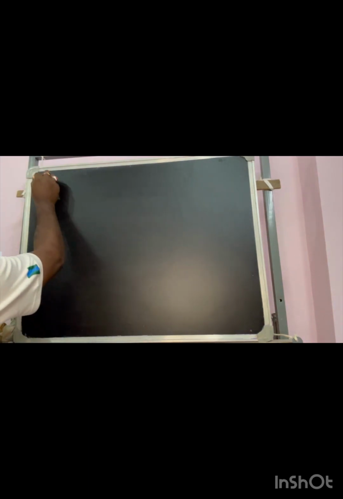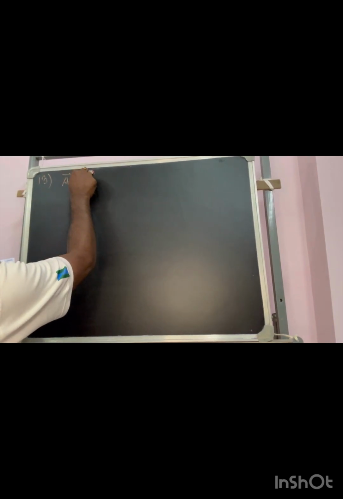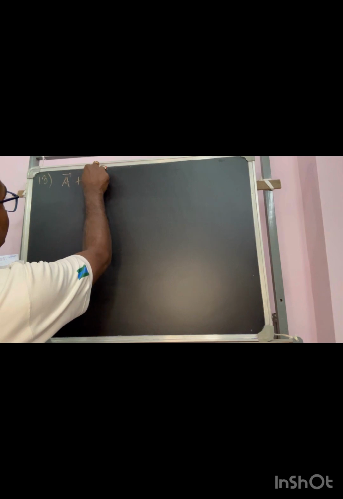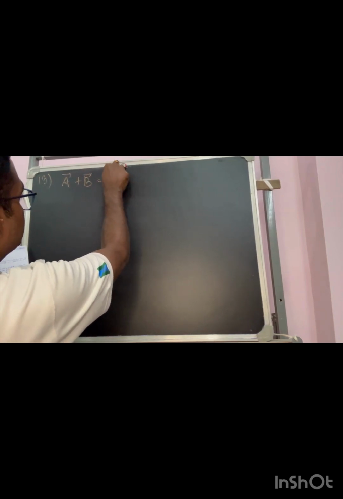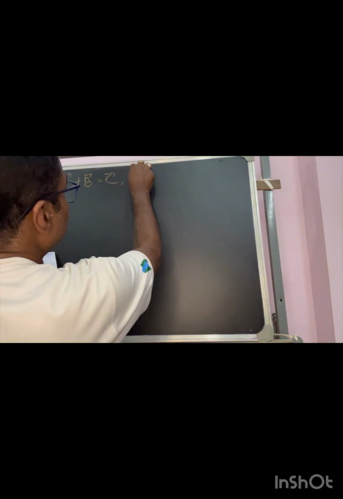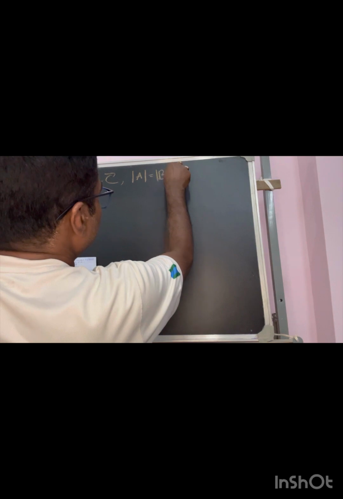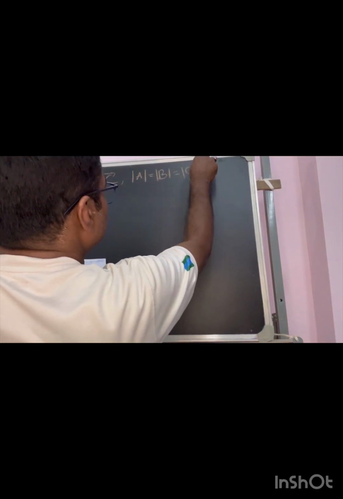So number 13 says, if vector A plus vector B is equal to vector C, and the magnitude of vector A is equal to that of vector B, and that is equal to vector C, that means the resultant.